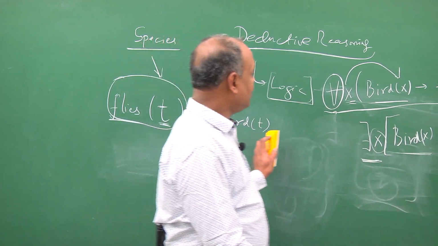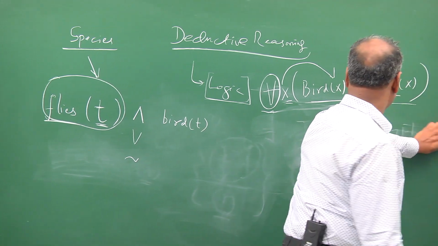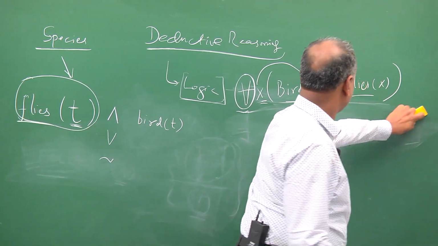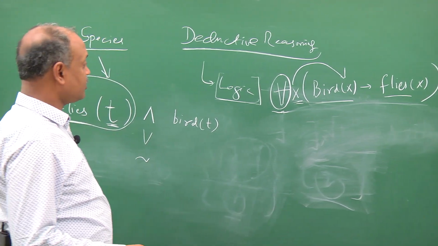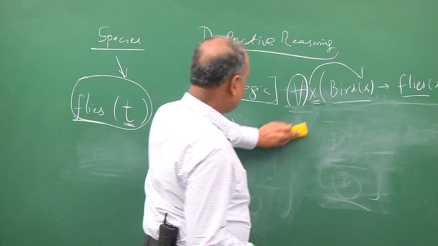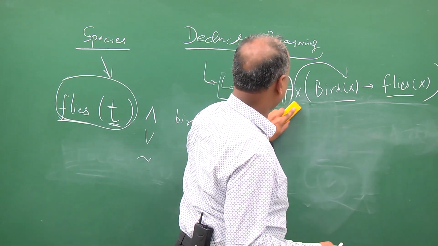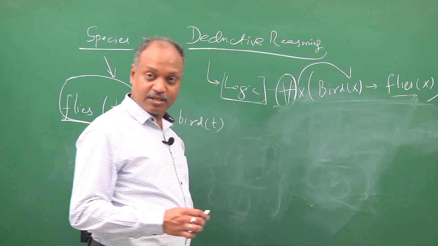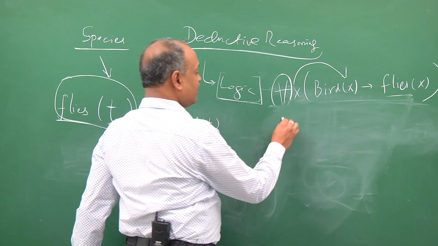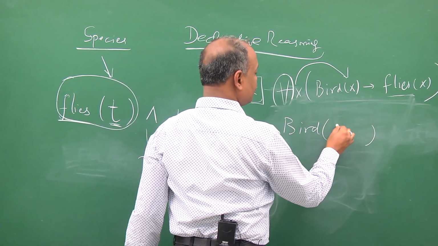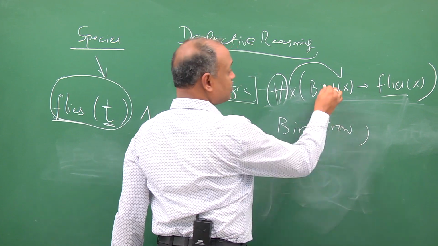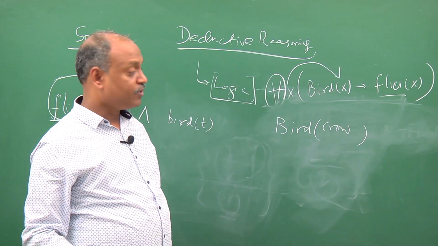Now let us look at what a typical rule of inference in the context of first order logic would look like. For example, suppose we have for all x, bird x implies fly x as a universal rule, and then you say bird of some specific instance of x, say bird of crow.